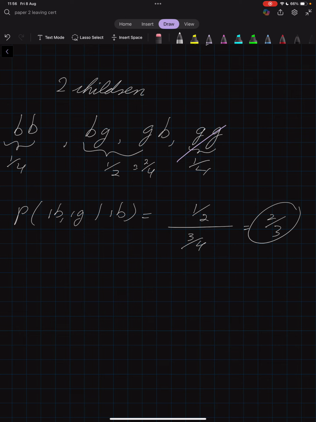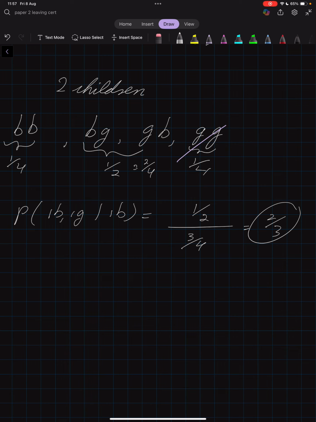So that's very important, that I express that question properly. I'm not asking, if the first one is a boy, what's the chance that the second one is a girl? Then it would be 50-50. I'm not saying the first. I'm saying if you know that one of them is a boy, what's the chance that the second is a girl?